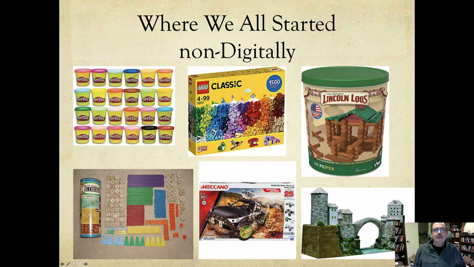Now, a couple things to think about when you're looking at materials like this that kids use to make models is that some of these modeling kits are so generic that you could pretty much create anything you want. Whereas other kits are object specific or scene specific.